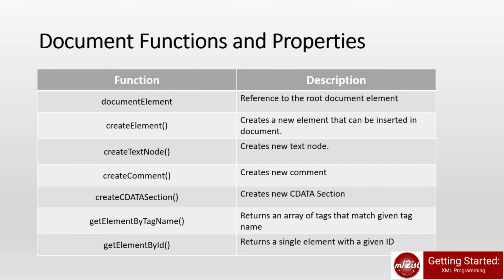For example, the getElementsByTagName function will return an array of tags that match a given tag name. So for example, you can ask the document to get elements by tag name and give it something like P, and that will give you all the P tags. You can also call getElementById, and that will return a single element that matches the ID that you pass in. So if the element has an ID attribute set to a certain string, you can retrieve it using this function.